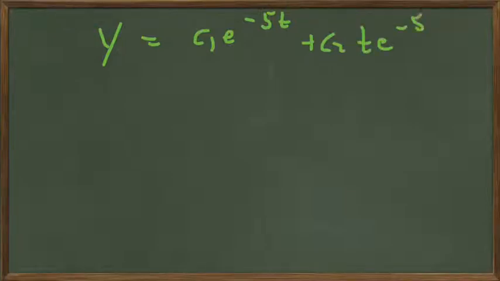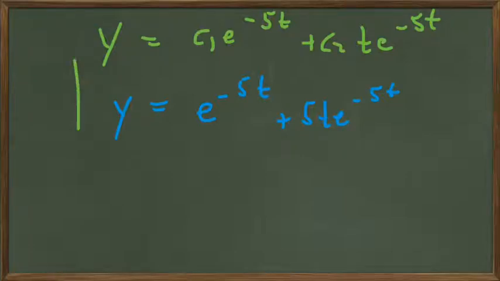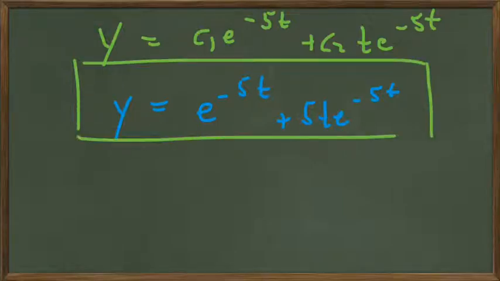And so putting that all together, we get our solution as e to the minus 5t plus 5t e to the minus 5t. And in this critically damped case, we don't have to go through the complications of finding the A and the phi, because it's not a sine structure.